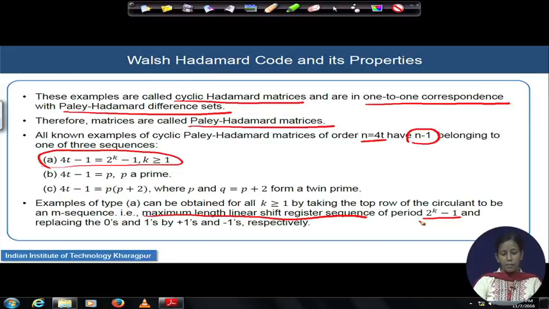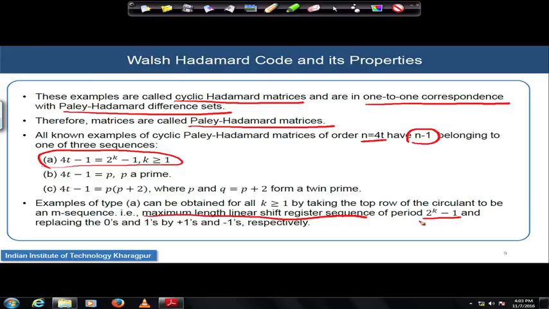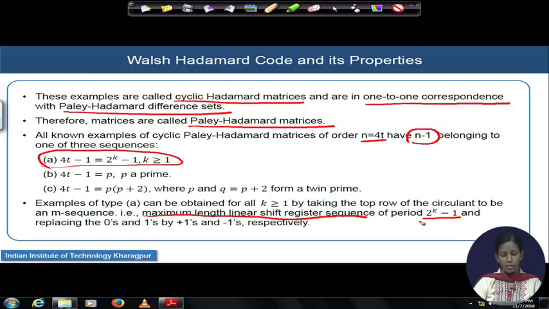But remember the maximum length sequence usually consists of zeros and ones. So, you have to replace all the zeros by plus 1 and all the ones by minus 1, and the way you have constructed it, you will end up with the Paley-Hadamard matrices with this typical relation.